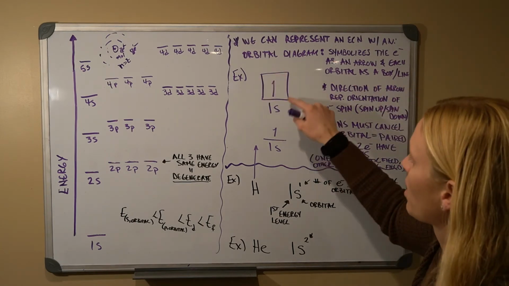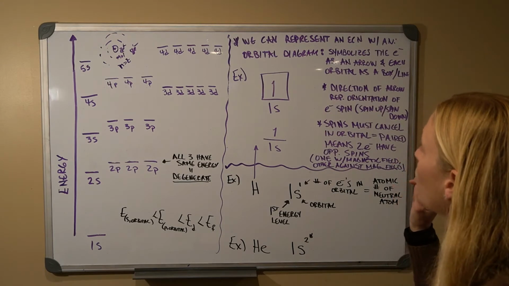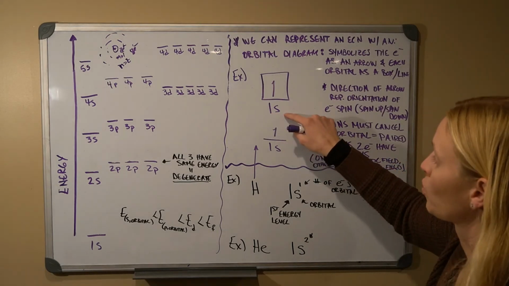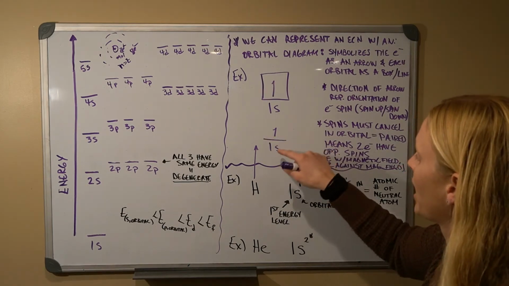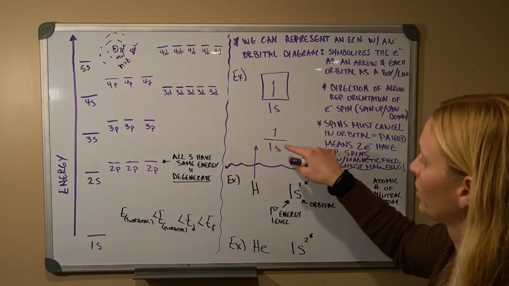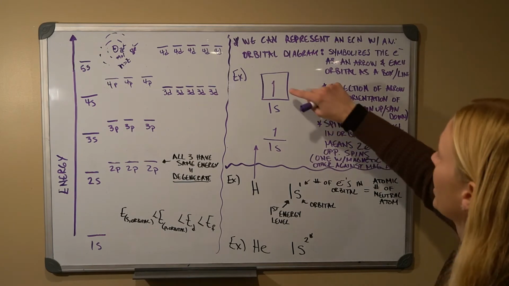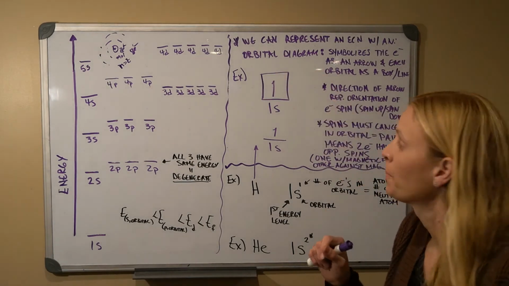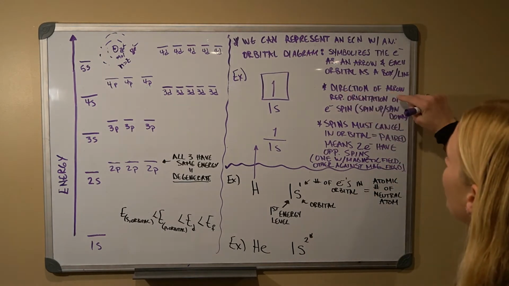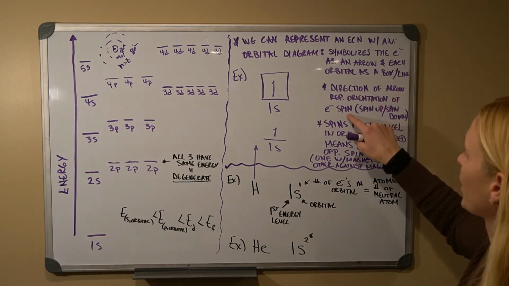So this box here is representing the orbital, and we will label it as 1s, or if you're shorthanding it, the line represents the orbital as well, labeled as 1s, and then this would be the electron. You show that as a half arrow, and the direction of the arrow represents the orientation of the electron's spin.